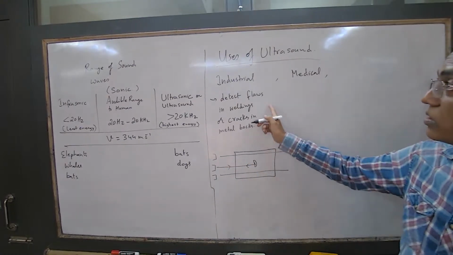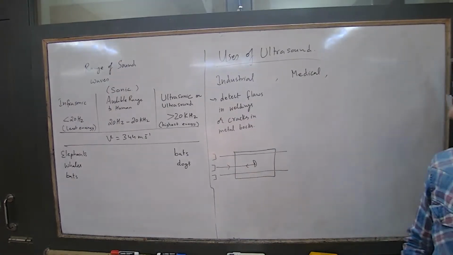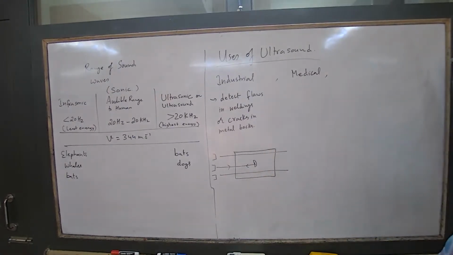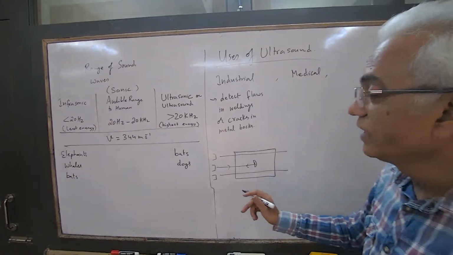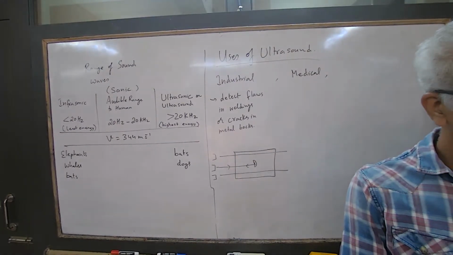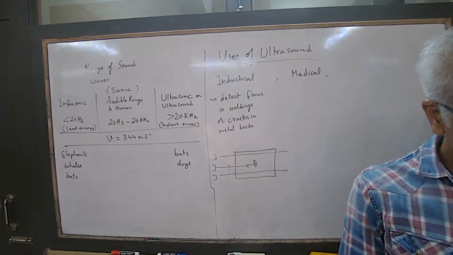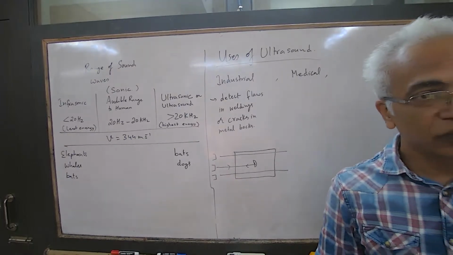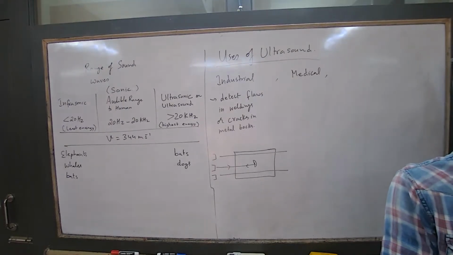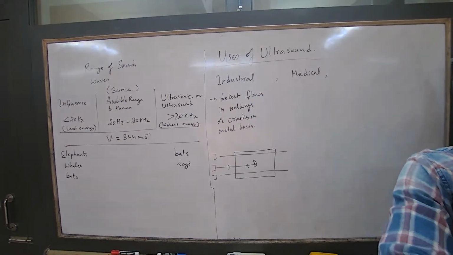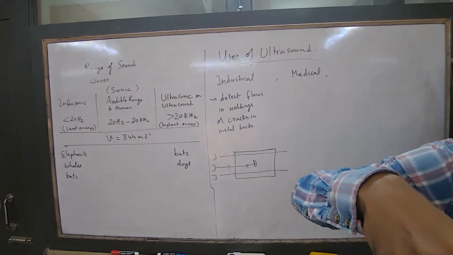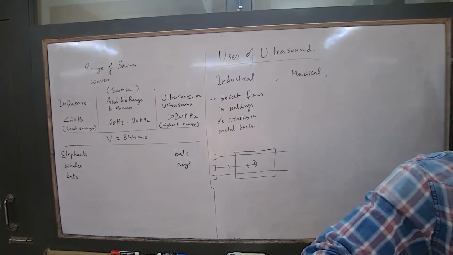Understood? So this is how ultrasound waves can be used for industrial usage. Then it is also used for cleaning small machine parts like watches or electronic components. So there is a detergent or some cleaning solution. In that the components are put, and then the ultrasound waves are passed through the solution.